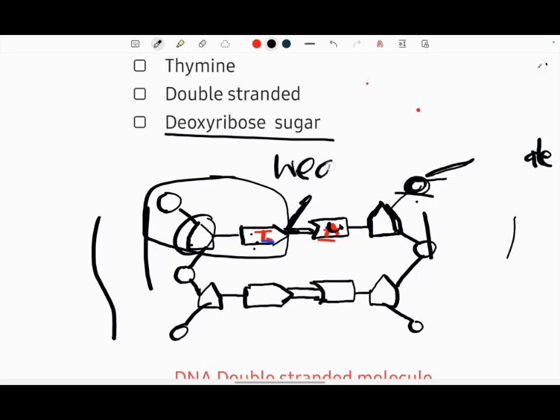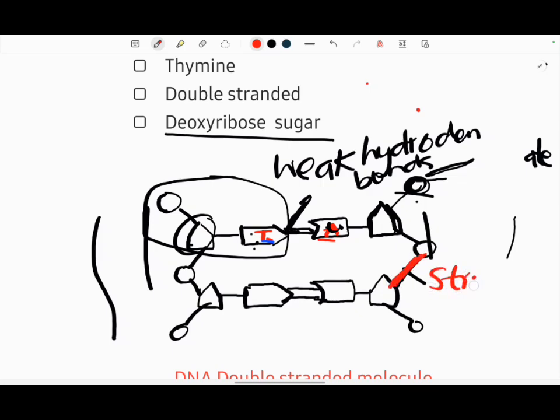These are called weak hydrogen bonds. So this is the name of the structure over here. It's called a weak hydrogen bond. And the structure over here that bonds the phosphate and the deoxyribose sugar is called a strong bond.